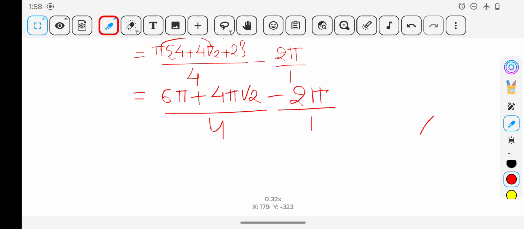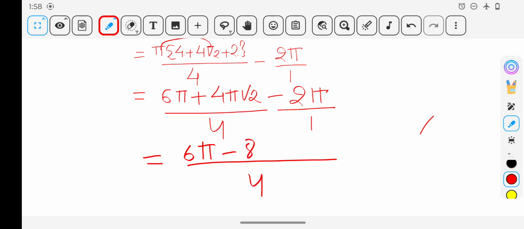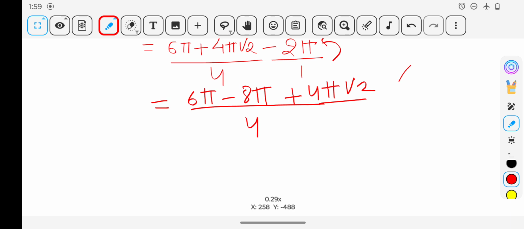Now we take the LCM, which is 4. So 6 pi, minus 2 pi multiplied by 4, that is 8 pi, plus 4 pi √2. So 6 pi minus 8 pi will be minus 2 pi.